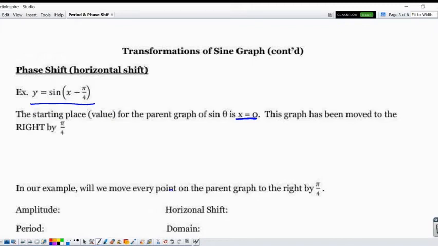But this graph has been moved to the right by pi over 4. So we're going to start our graph at the midline, but not at x equals 0, at pi over 4. So let's see what that looks like as we go to graph.